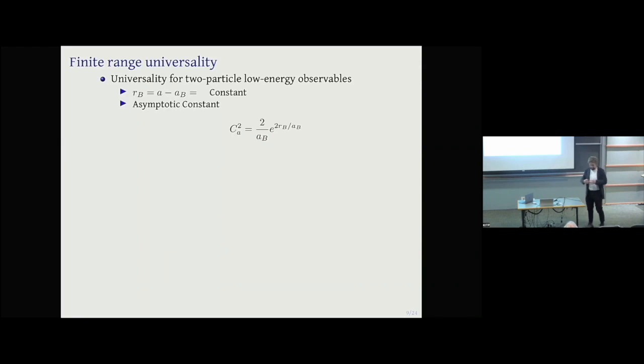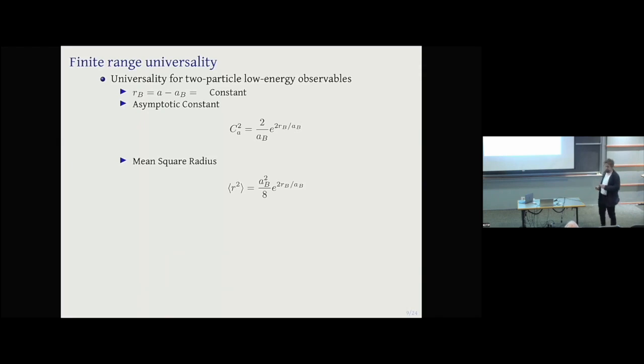It works for what I showed you before, but it works also for the other observables. So if you look at the asymptotic constant, you have a form which depends only on AB or B for all the potentials you want, all the physics you want, close in this window.